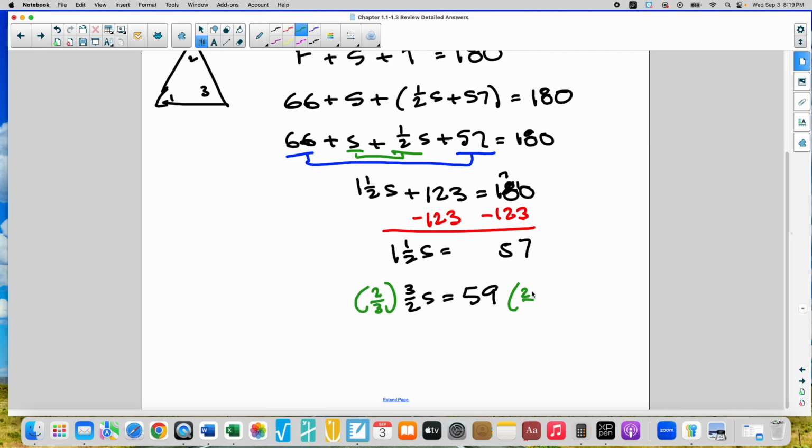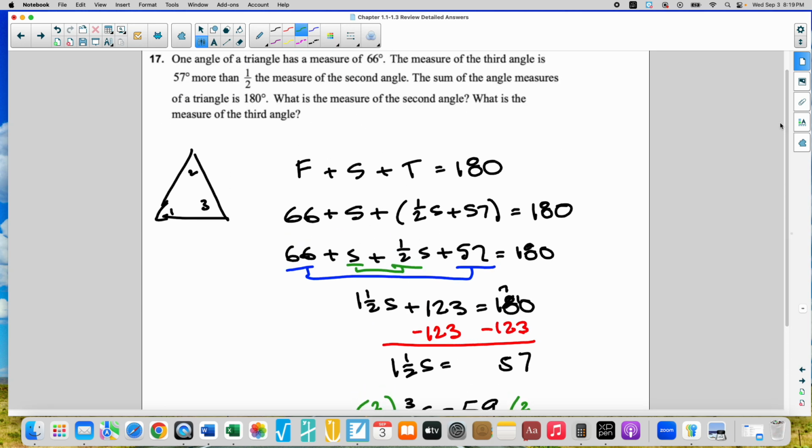Let's see. What did Mr. Mac do? First angle is 66. The measure of the third angle is 57 more than half the measure of the second angle. 57 more than half of the second. That's the second. That's 123. That's correct.